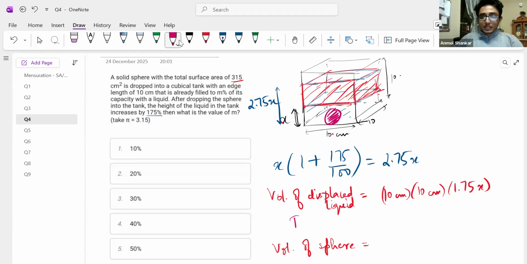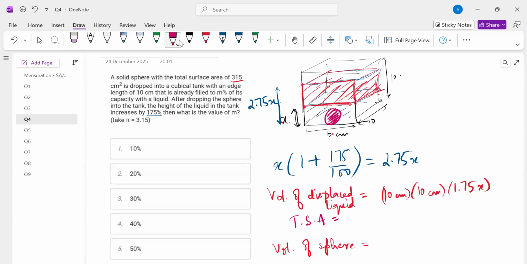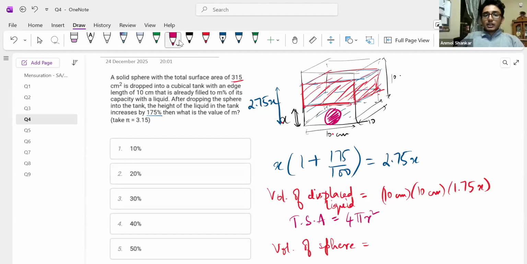Yeah, what is the total surface area formula? 4 pi r square, sir. Very good. 4 pi r square, and this is equal to 315 as given in the question. And we have to use pi as 3.15. So using that, what is the value of r that we get?